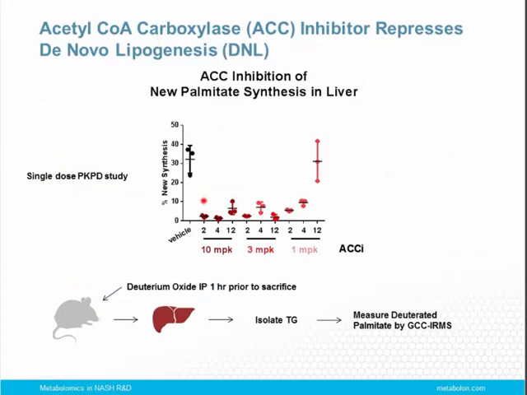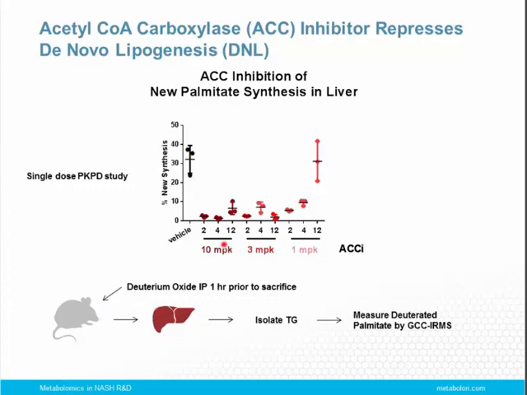And what I'm showing here is that proof of concept: we dose a mouse with acetyl-CoA carboxylase inhibitor and we can repress de novo lipogenesis, or the new synthesis of palmitate. So vehicle dosed animals have 30% new palmitate synthesis over the time course.